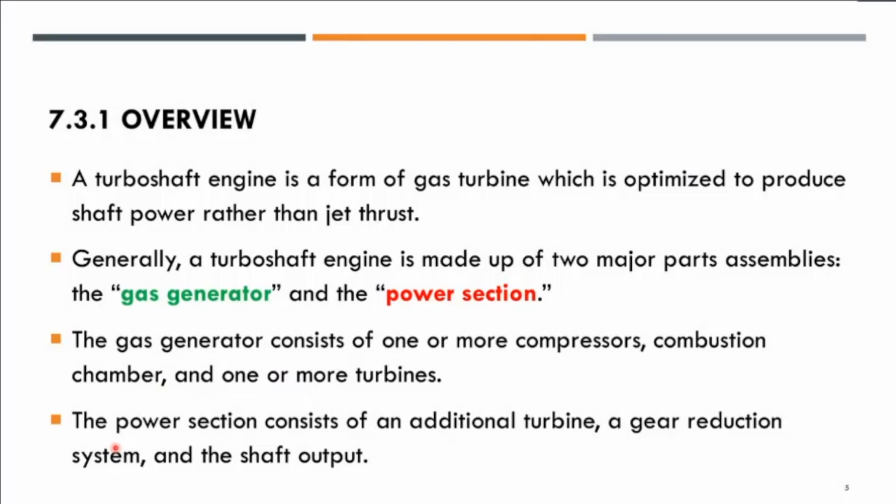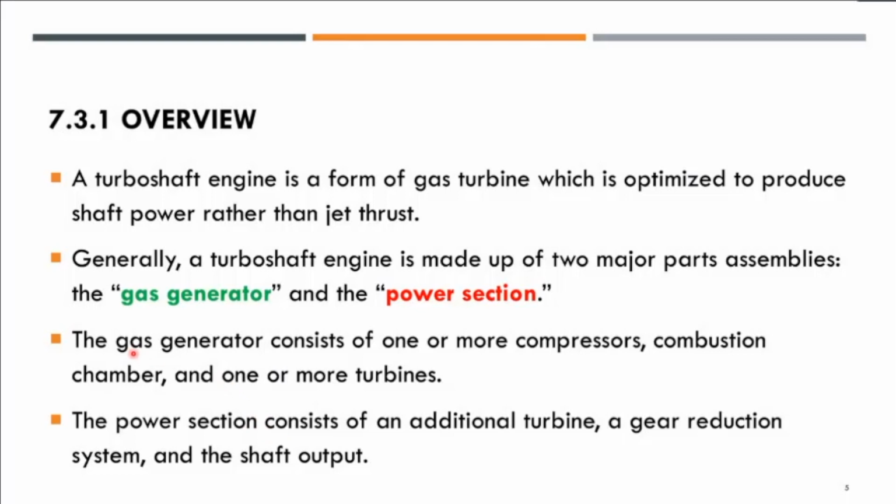And the power section consists of an additional turbine apart from the turbine included in the gas generator. We have an additional turbine, a gear reduction system, and the shaft output. So this is the second major part assembly for the turboshaft engine.